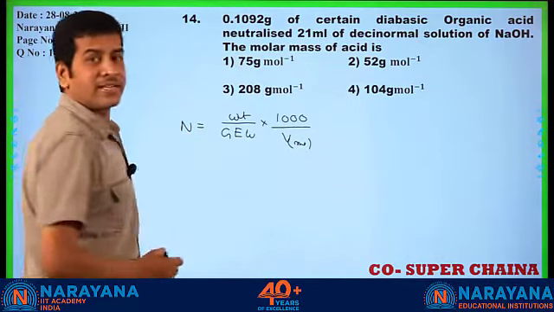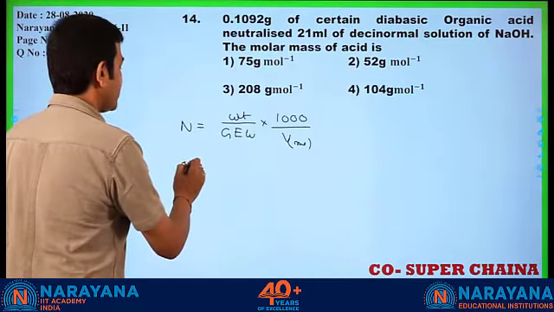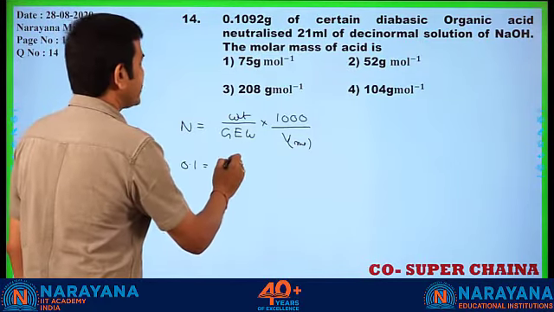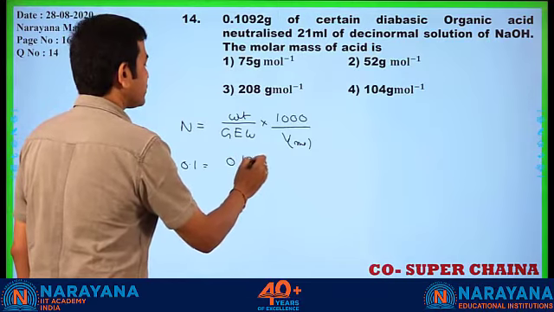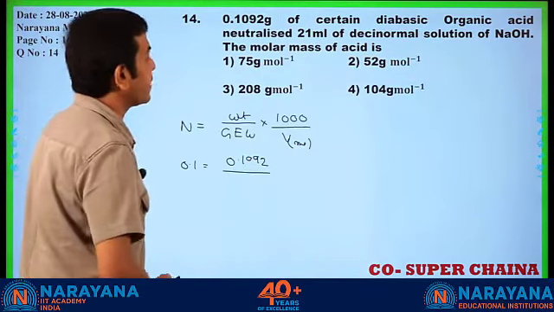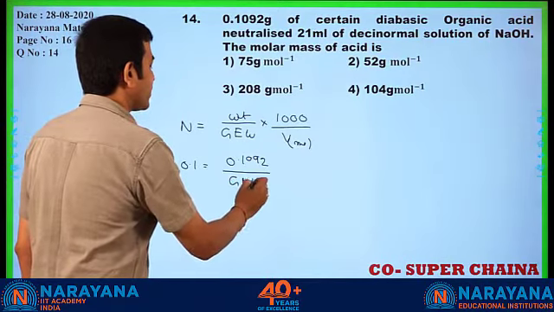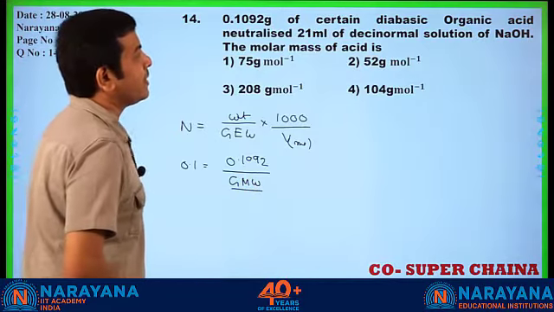Normality is given as deci-normal, meaning 0.1 normal. Weight is given as 0.1092, divided by gram equivalent weight, which is gram molecular weight by basicity.